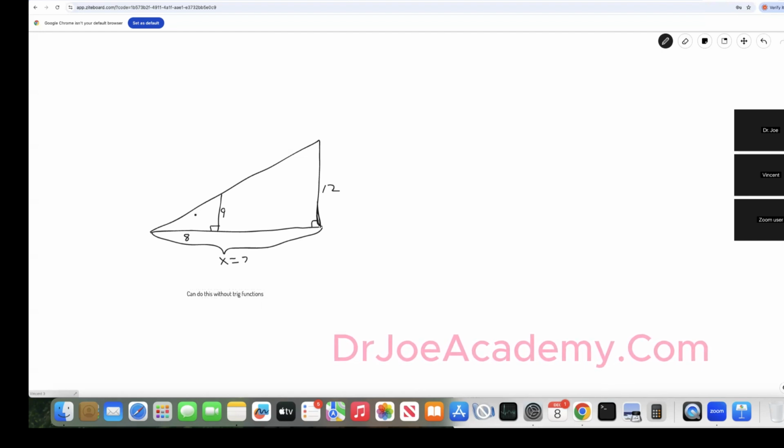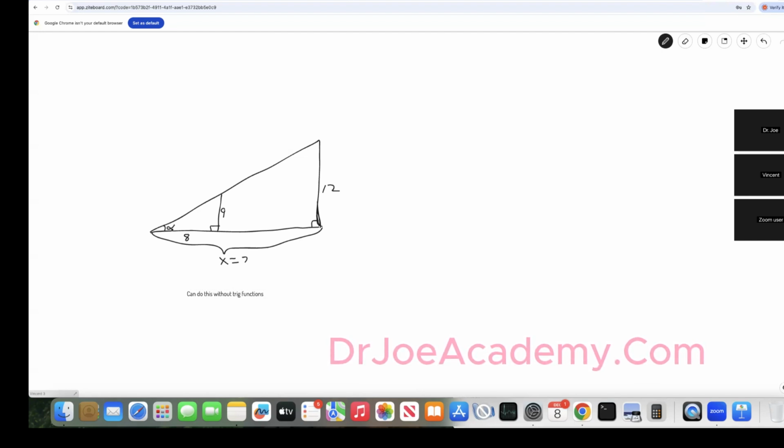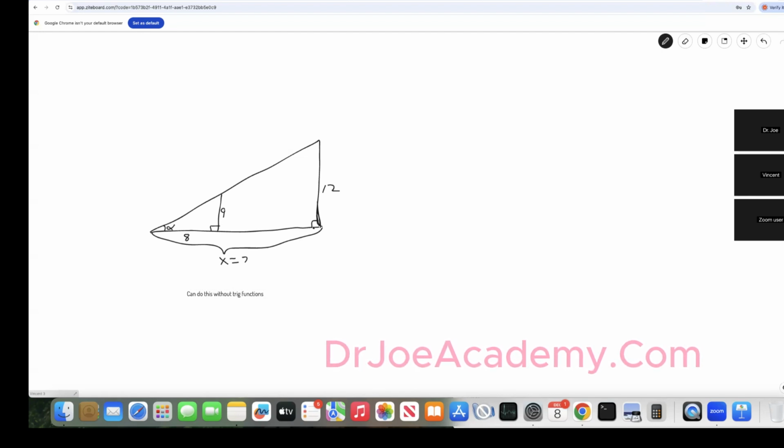Okay. So you see how this little triangle actually shares this angle right here, right? So whatever this angle is, it's the same for the little triangle as for the big triangle, right? And they also both have right angles right here, right?